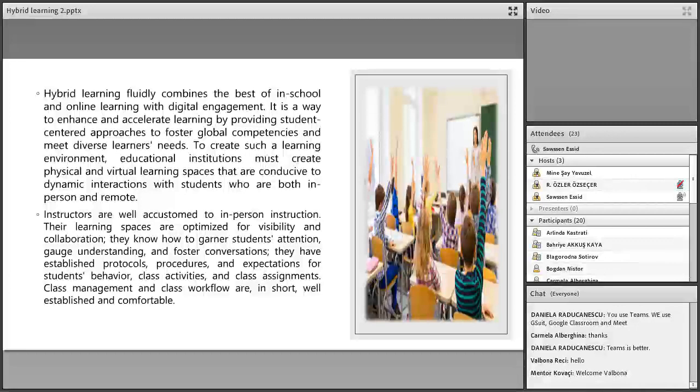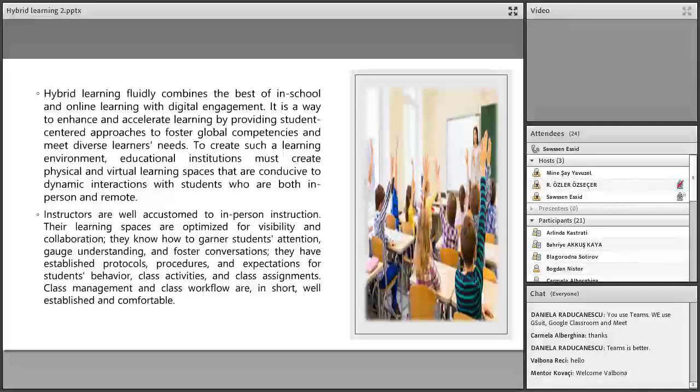Now, instructors are well accustomed to in-person instruction. Their learning spaces are optimized for visibility. We all see our students when we are in class. And for collaboration, pair work, group work, they know how to capture students' attention, assess and track their understanding, and foster conversations.